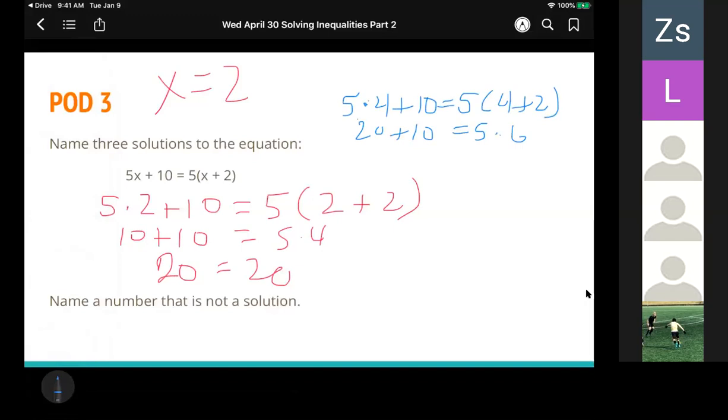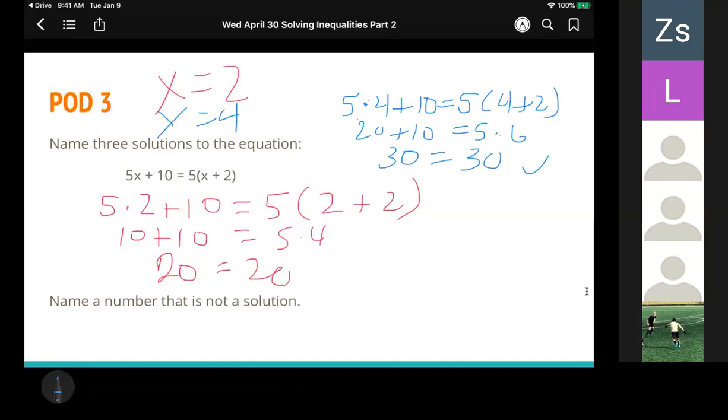Anyone can type it in. If we plug 4 into that equation, what do we get on both sides? 30. Thank you, Jamarian. All right, 30 equals 30. So x equals 4 is also a solution.